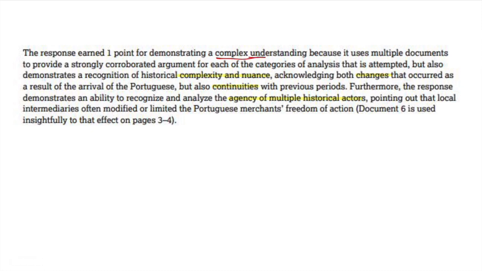The response earned 1 point for demonstrating a complex understanding because it uses multiple documents, all 7 of them, to provide a strongly corroborated argument for each of the categories of analysis that is attempted, but also demonstrates a recognition of historical complexity and nuance, acknowledging both changes that occurred as a result of the arrival of the Portuguese, but also continuities with previous periods.